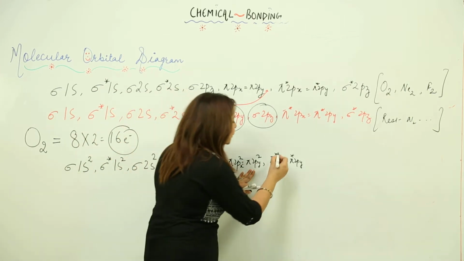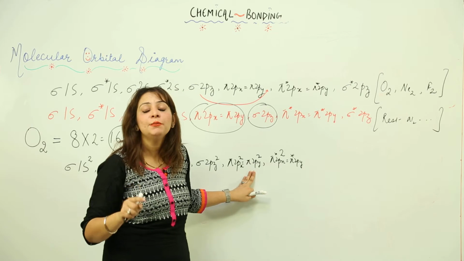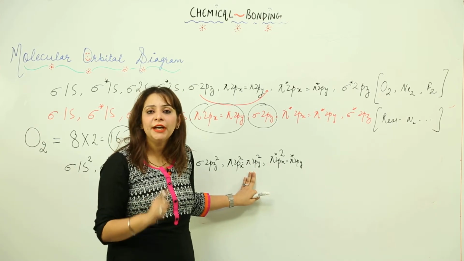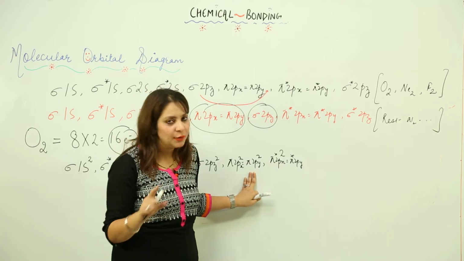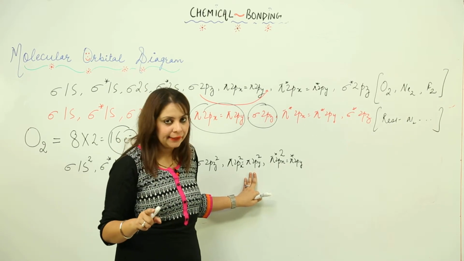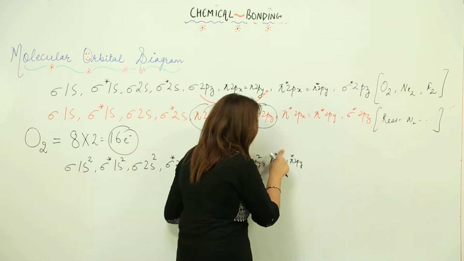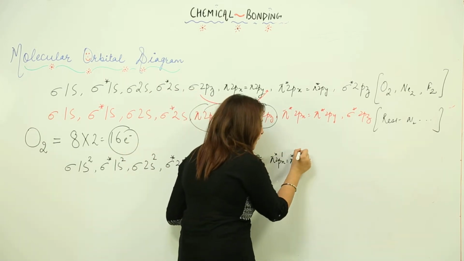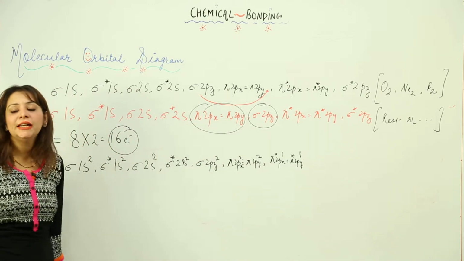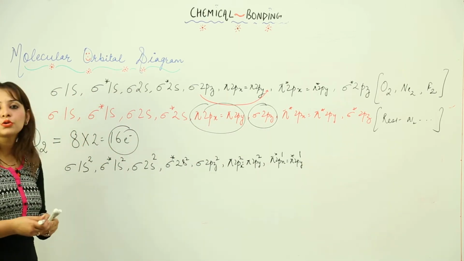But I am not going to fill it like this because they possess the same energy, and we know according to Hund's rule that the pairing of electrons in orbitals with similar energy won't take place until each orbital is singly filled. So I need to put these 2 electrons, one in this and one in this, because they possess the same energy. So this is actually my electronic configuration for the O2 molecule.